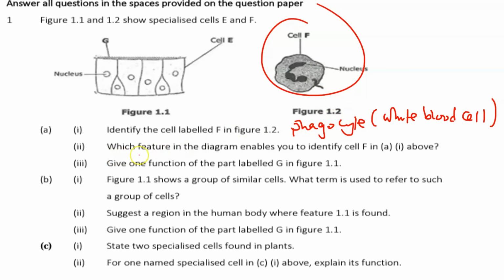The second question is: what feature in the diagram enables you to identify the cell F? It has a lobed nucleus. Look, this is a nucleus. So because of the lobed nucleus, I was able to identify the cell.